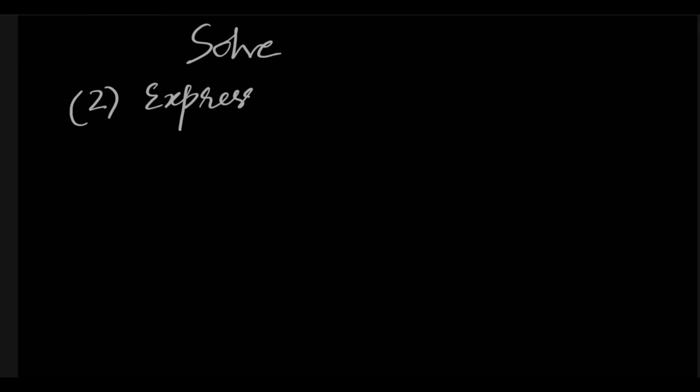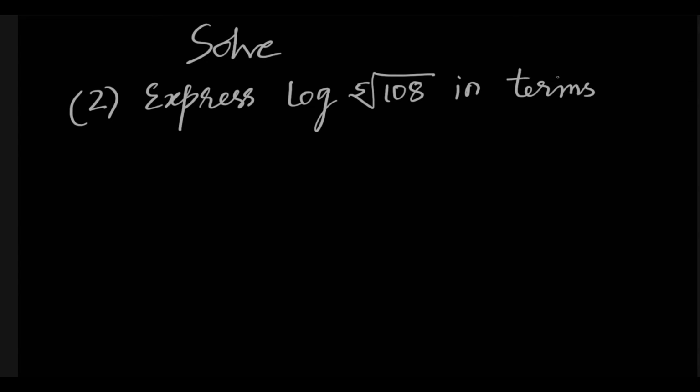Now let us work out one more problem using some laws of logarithms. The problem says: express log of the fifth root of 108 in terms of log 2 and log 3.